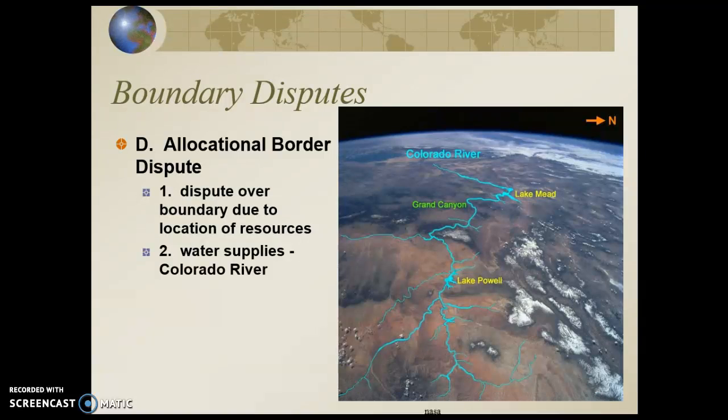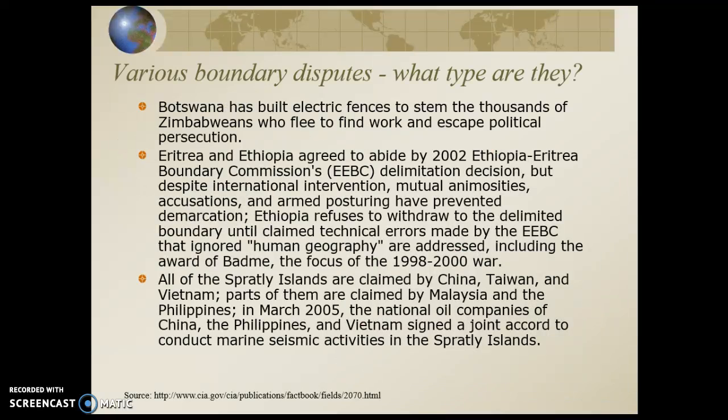And there are some issues with people upstream, damming it off and using it. And what happens to people downstream? So it supplies water, and we get these disputes between Colorado and like New Mexico, Arizona, California, and downriver. They have these arguments about who can use the water supply and how do they treat it and deal with it. So these are some examples of boundaries and disputes.